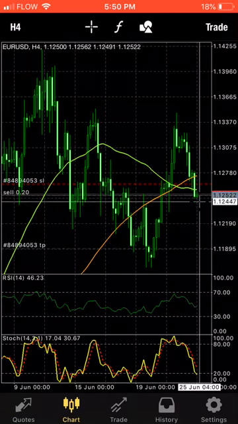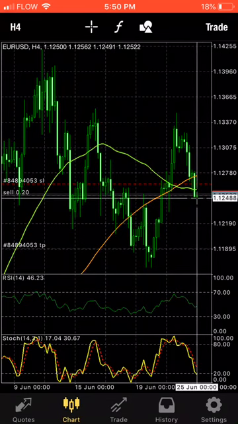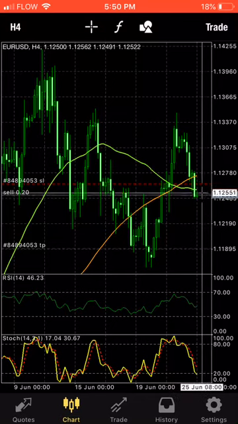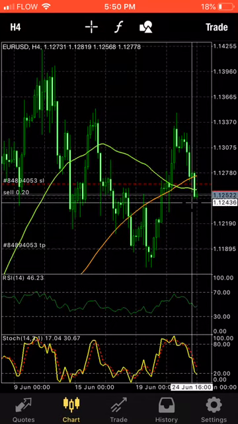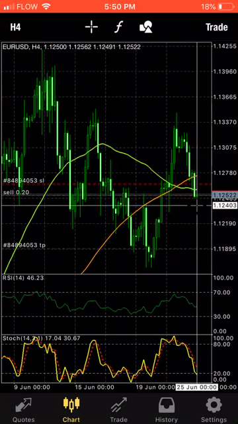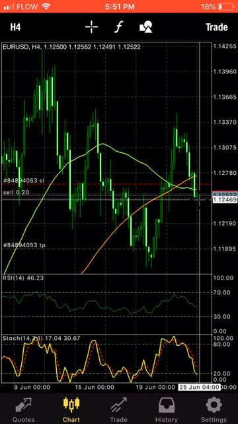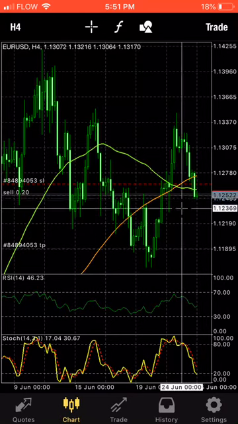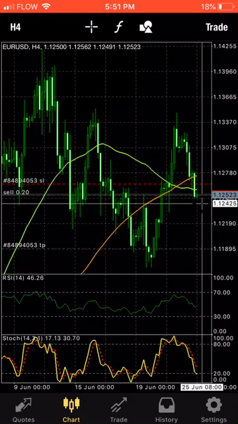You shouldn't be trading with such an enormous lot size that just one trade, if it goes against you, means you've lost 30% of your account. That means you are trading with lot sizes that are way too big for your account. That's not a good practice, because you are going to lose some trades. No one ever wins every single trade.